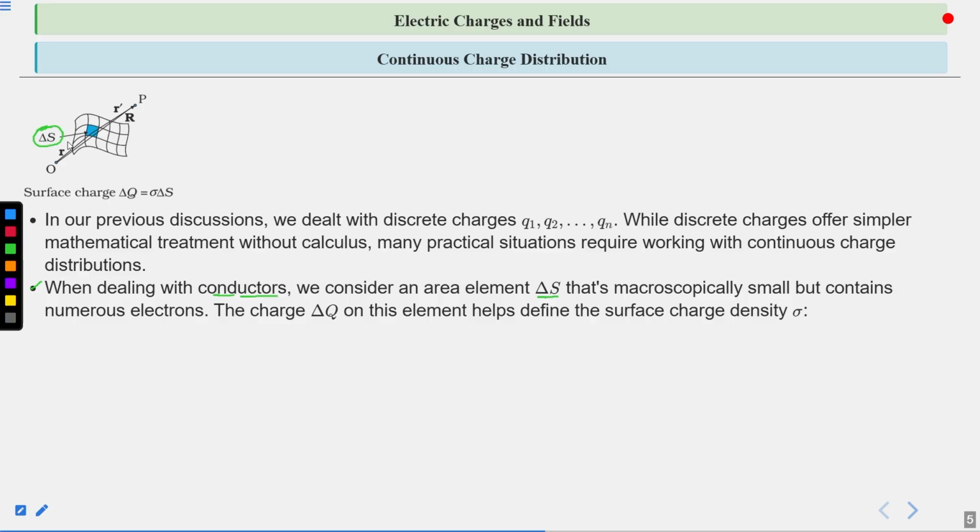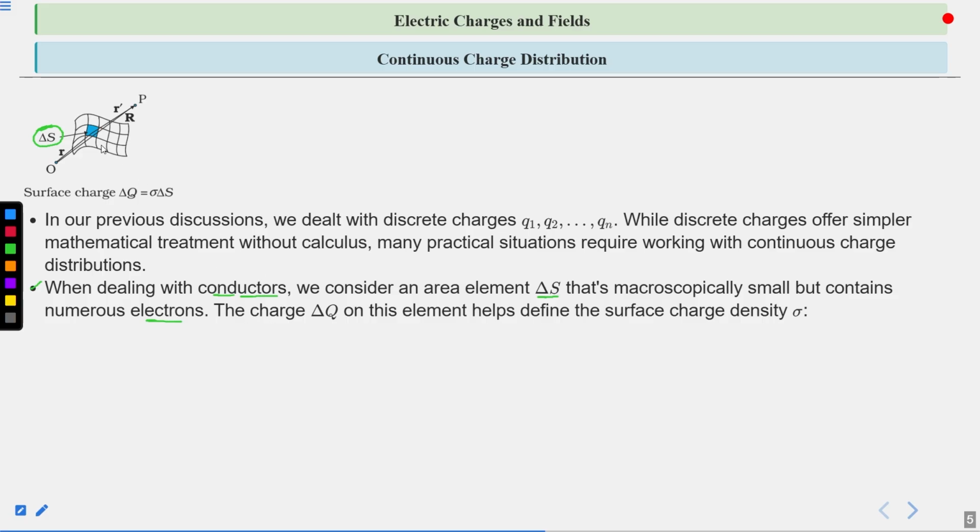Here charges are spread out along the area delta S. This area is macroscopically very small, but it contains numerous electrons.